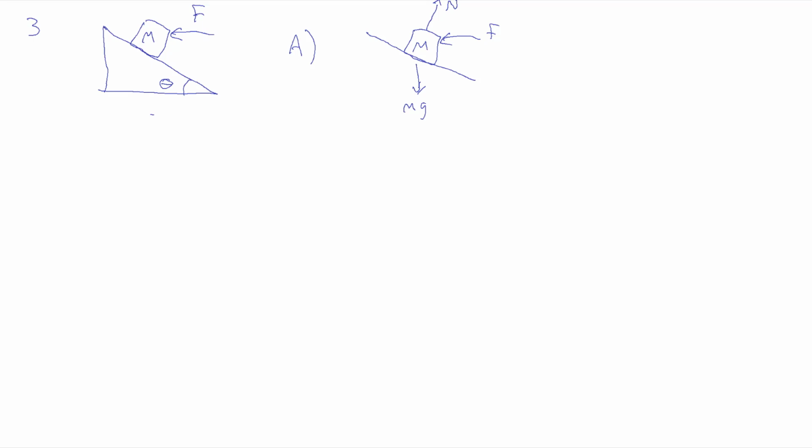And then I have to choose the coordinate system for this. The best choice will be a coordinate system where one axis, the x-axis in this case, aligns with the incline, and my y-axis is perpendicular to the incline. So that's my free body diagram.